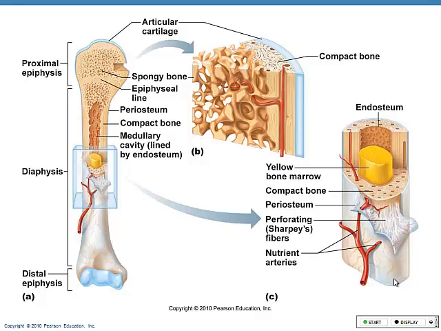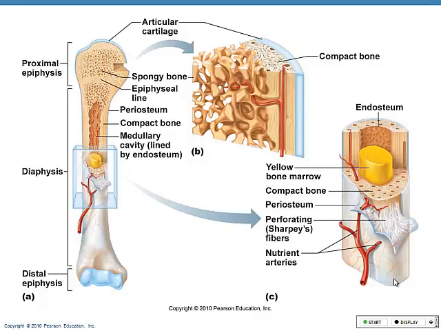Bone markings. If you look on page 180, table 6.1, guess what? Know them. So again, bone markings are different things. We see little thick areas on bone, little holes in bone, little projections, things that stick out of bone. All of them have certain names. So you have to know what?